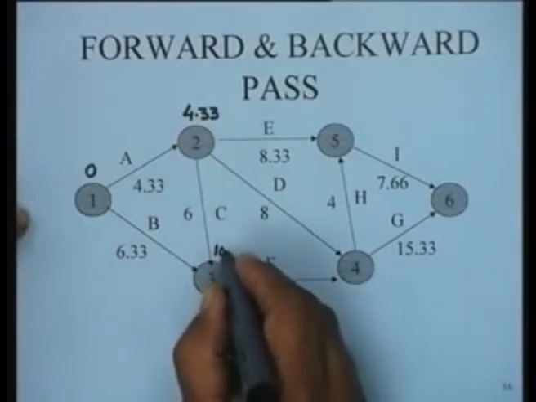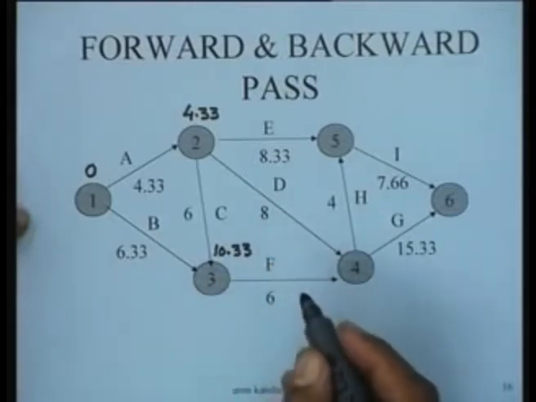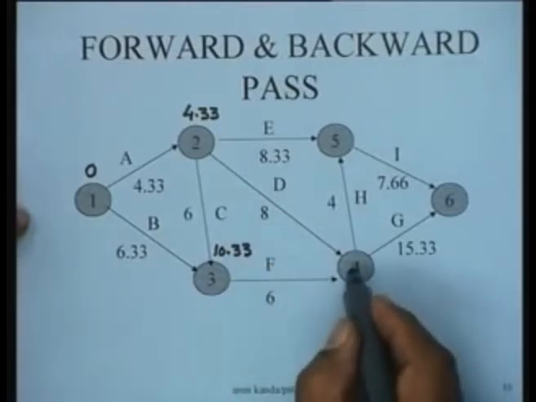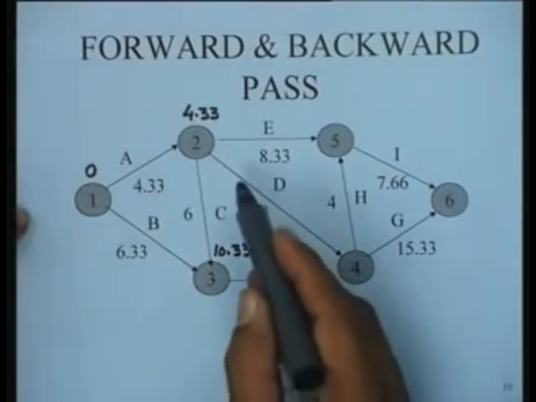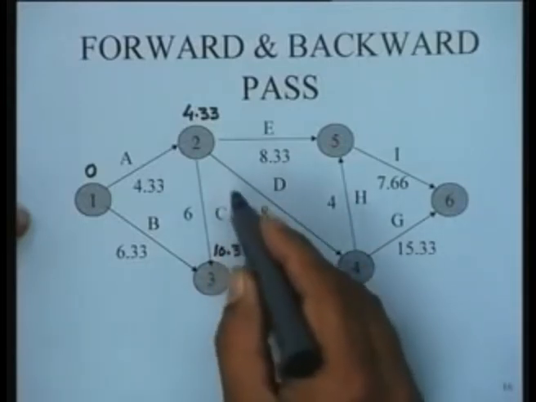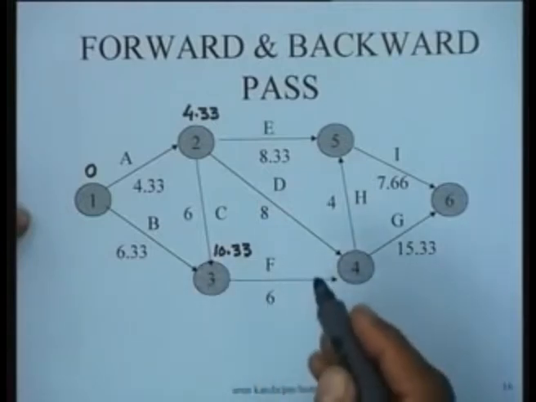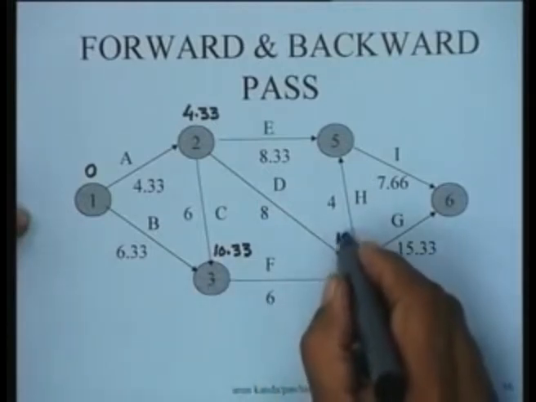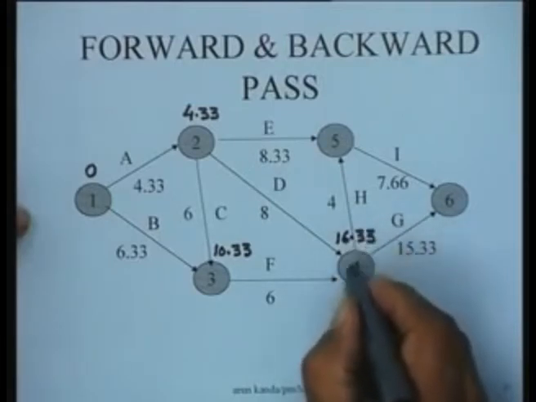So this value is going to be simply 10.33. Then node 4 has 2 incoming arcs. So in the usual manner, when we are doing the forward pass, this value is going to be 12.33 if you come via activity D, and 16.33. So 16.33 being the larger of the two values will be the earliest occurrence time of node 4.